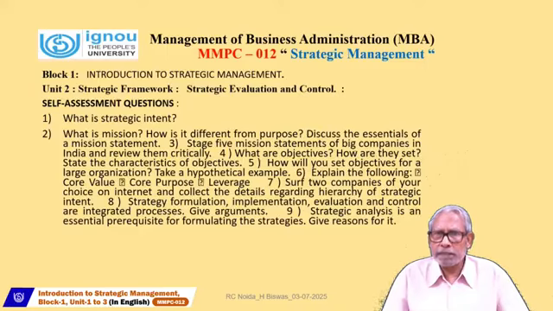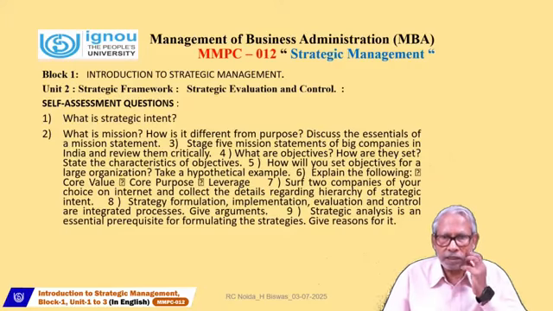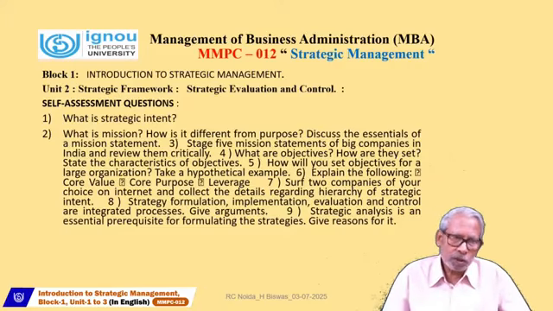How will you set the objectives for a large organization? Take a hypothetical example. Explain the following: core value, core purpose, leverage. These are some short notes. Then take 2 companies of your choice from the internet and collect details regarding the evaluation of control, the integrated process, and give arguments. This is the way you have to prepare yourselves.